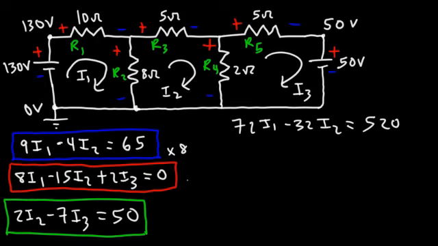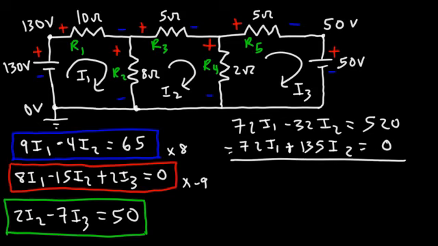Now, we're going to multiply the equation in red by negative 9. 8 times negative 9, that's going to give us negative 72. Negative 15 times negative 9, that's going to give us positive 135. And then 0 times negative 9 is 0. So adding these 2 equations, those values will cancel. And so we're going to have negative 32 plus 135. You know what? I forgot something.